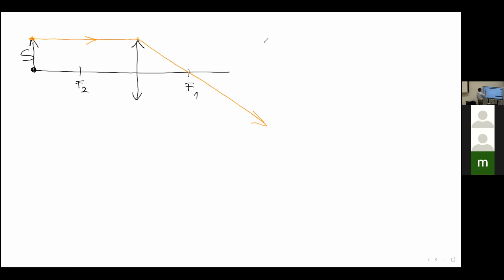Light coming from here and going to the focus number two will go here and will be sent here. So they meet here. So the image of this object is created here.